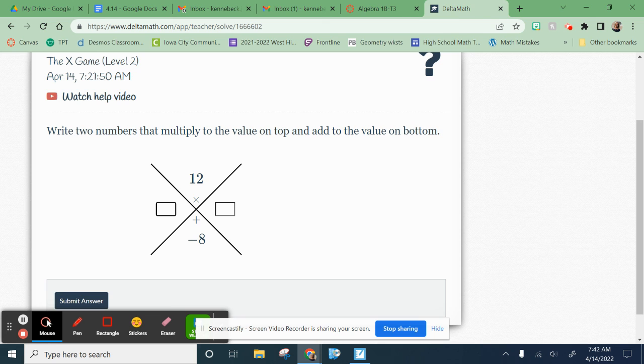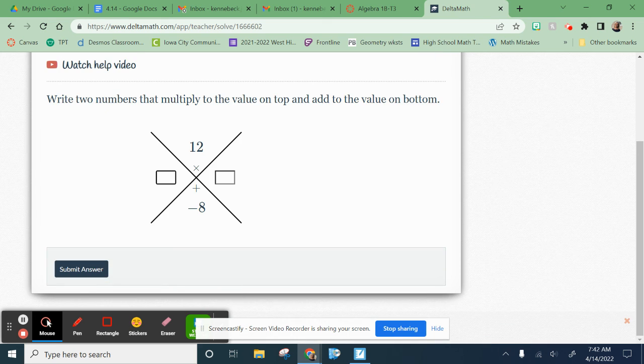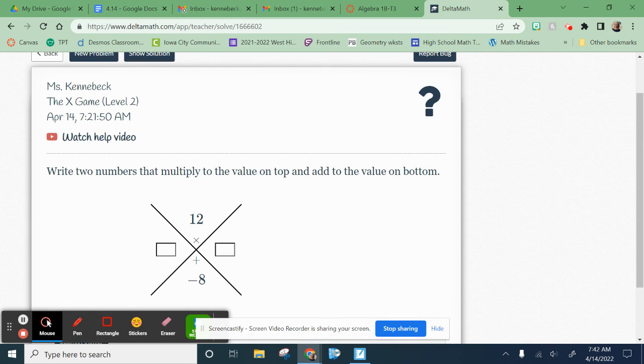You're going to be doing 15 problems like this, where you put those two numbers in the box. It doesn't matter which one goes where with the X Games. If you need some more help, don't be afraid to click on the Watch Help video. That's right there. Good luck.